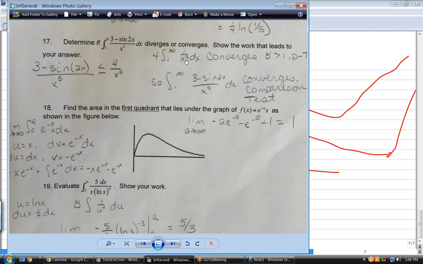Since 5 is greater than 1, by the p-series test, it's convergent. Since this series is convergent, and this series is always less than this series, then it's also convergent.